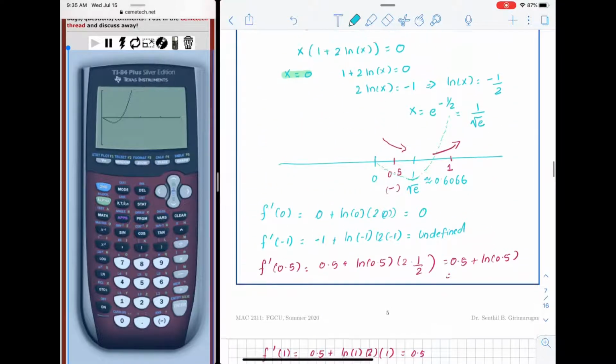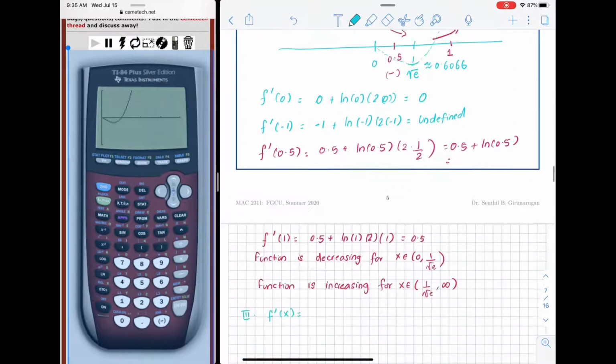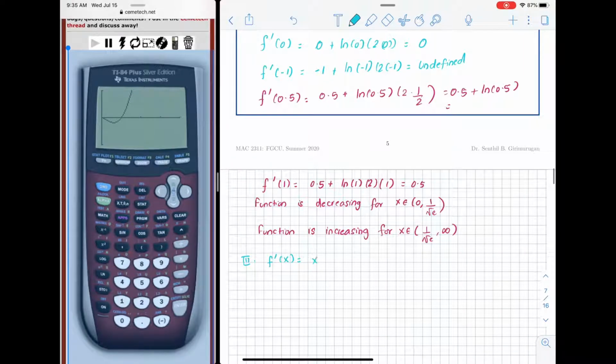We know the first derivative is x plus ln of x multiplied by 2x. So f double prime of x would equal 1. We have to use product rule. U is ln of x, v is 2x, u prime is 1 over x, v prime is simply 2.